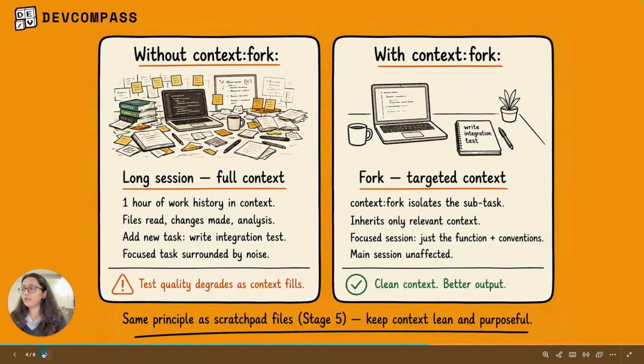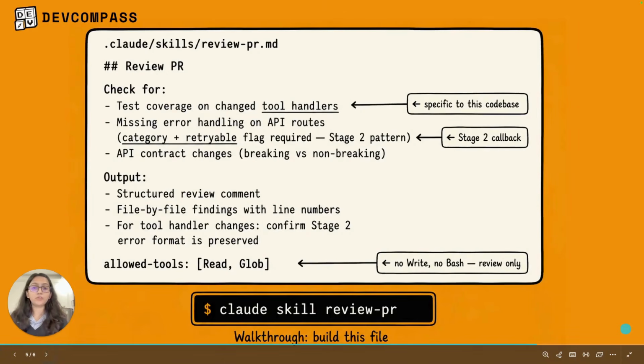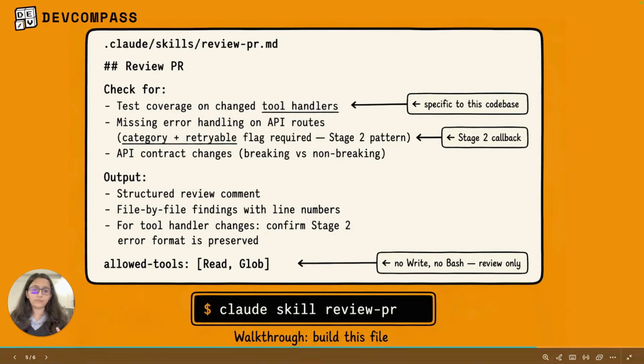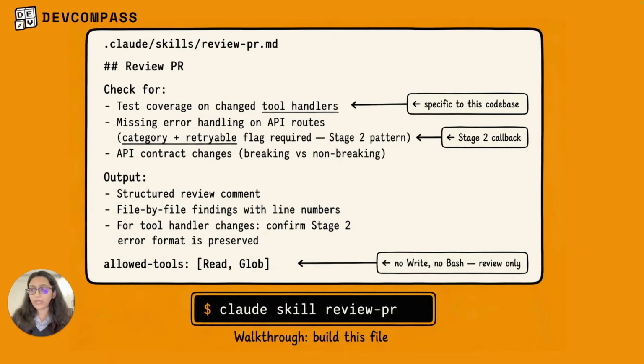Now, okay, let me show you what a skill looks like for a specific scenario, how we actually did it for the previous context as well, where we were looking at either path specific scenarios or context scenarios. So the skill file is at .claude/skills/review.pr, because we are looking at a review PR skill.